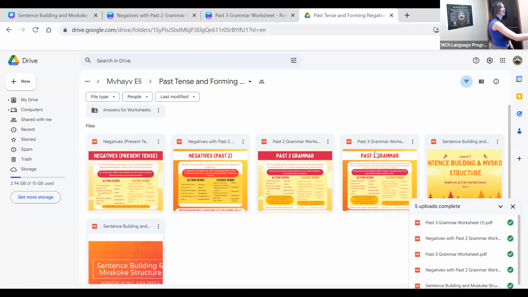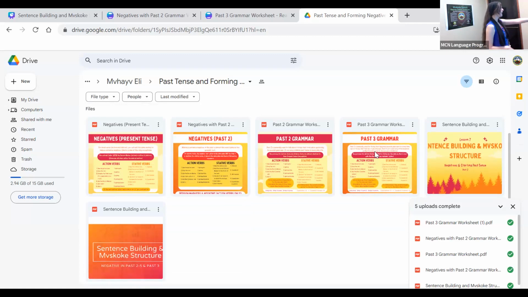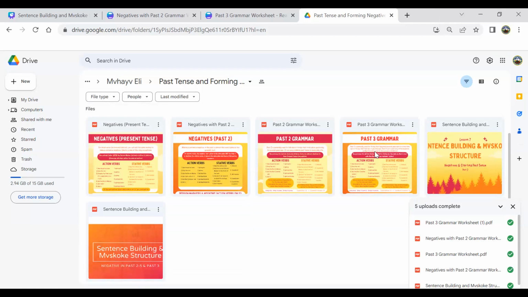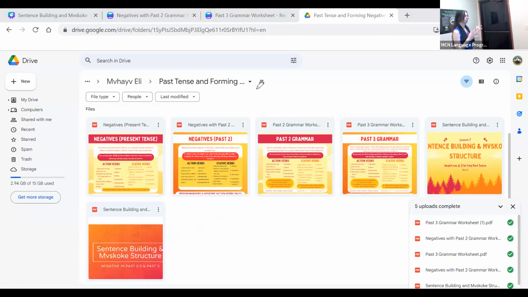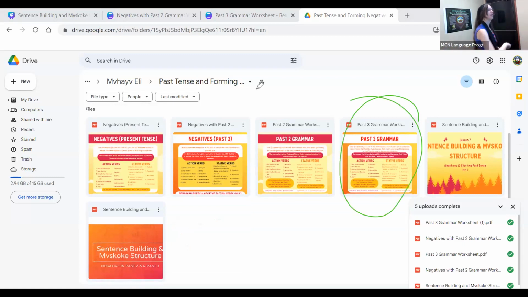I already have the sentence building and Mvskoke structure PowerPoint in that one. For past 3 grammar, here's the one for today with emuts.